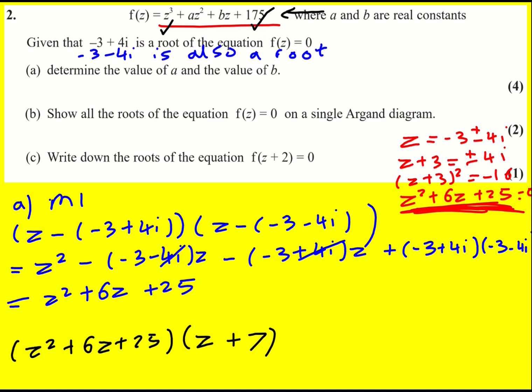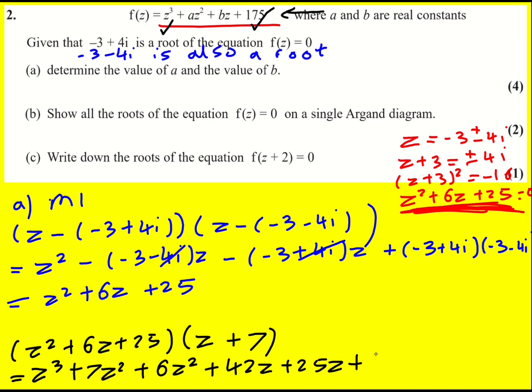And that will now help me find a and b, because all I've got to do is expand it. I will get z cubed plus 7z squared plus 6z squared plus 42z plus 25z plus 25 times 7 is 175.